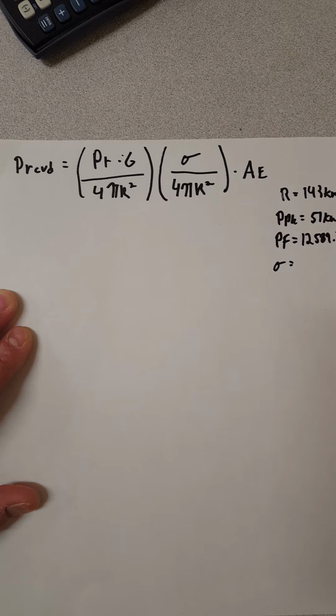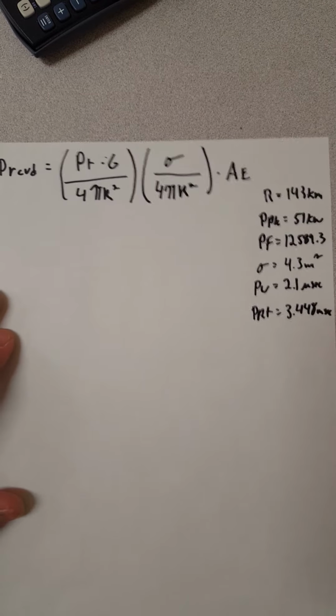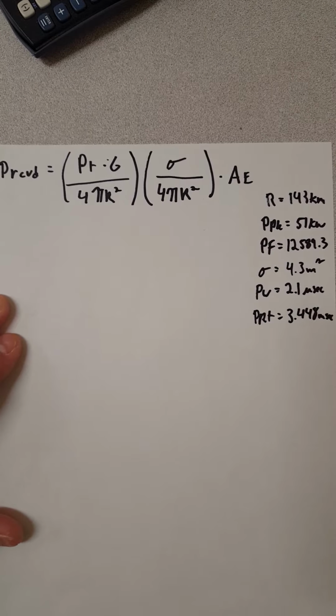A radar cross section of 4.3 meters squared. Pulse width, PRT, okay. Sorry, getting a little off the camera there. And lastly, we have an effective aperture of 22 meters squared.